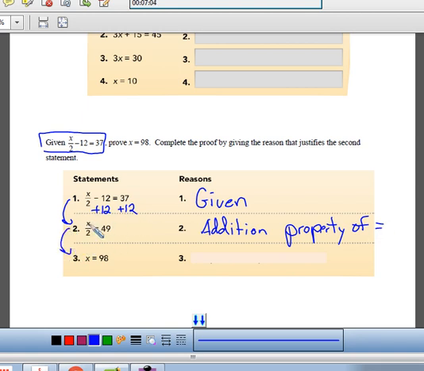Well, it looks like they undo the x over 2 by multiplying both sides by 2. So what is that? Of course, it is the multiplication property of equality.